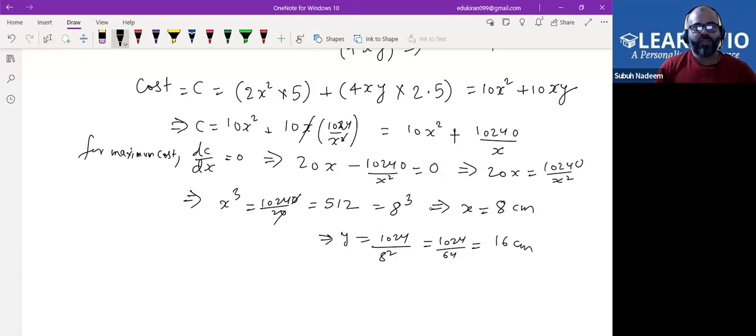So the dimension is: the square base has an 8 centimeter edge, and the height of the container is 16 centimeter.